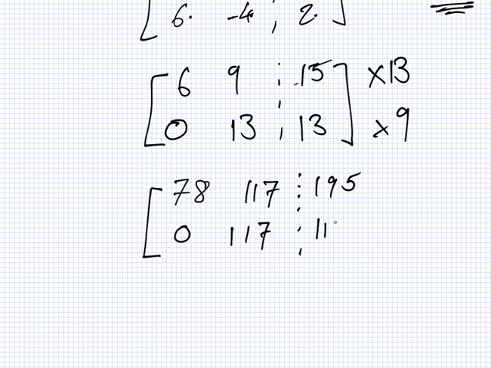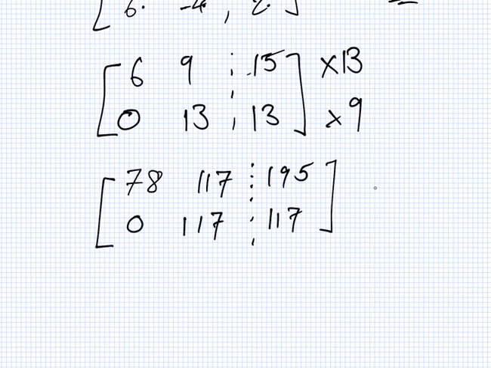So for this method, what you do first, step number 1, is make sure the x's are together and the y's are together and the numbers are together. So that's okay. It's fine. So that's step 1. Step 2 is make sure there's an x here and there's a y here.